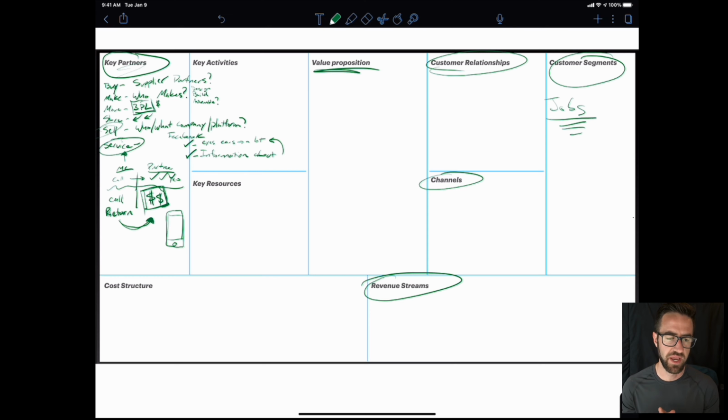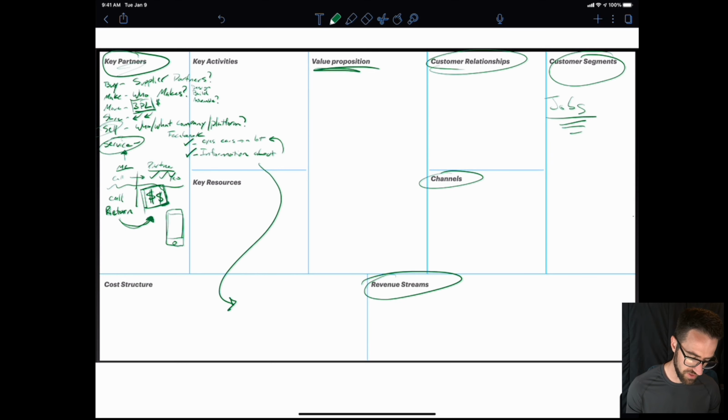Okay. And today we talked about all these other things that I don't need to summarize, but I'll just say that all of the partnerships, activities, and resources, they all flow into your cost structure here. And if your activities are expensive and your resources are expensive and your partners are expensive, but your value proposition is cheap because you know your customer base wants affordable stuff, you'll go bankrupt before you start.